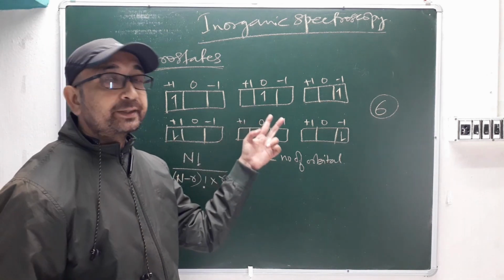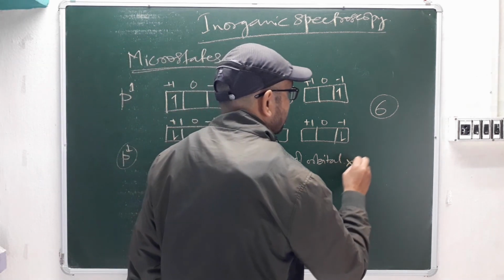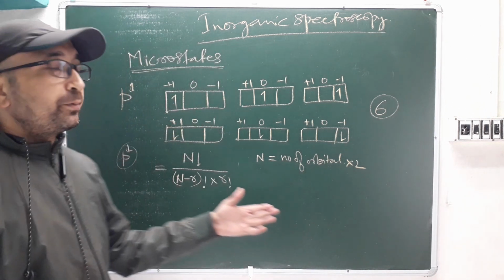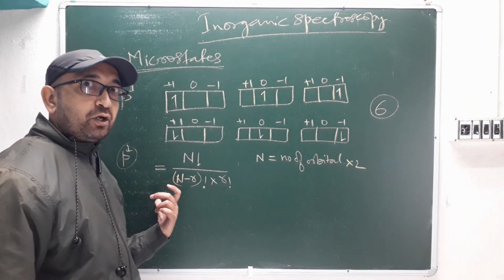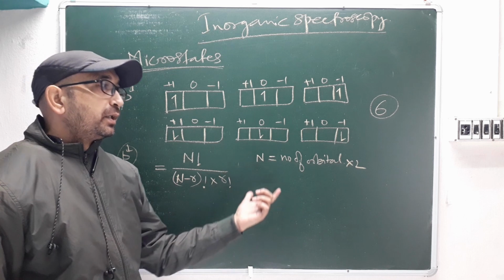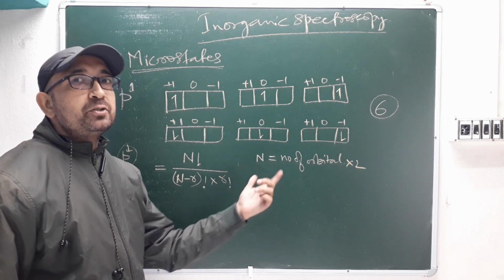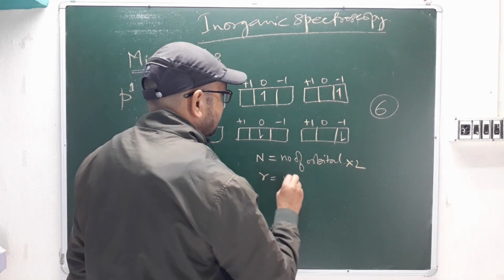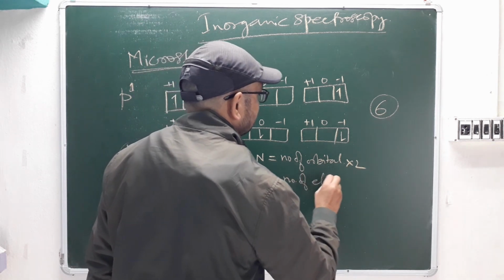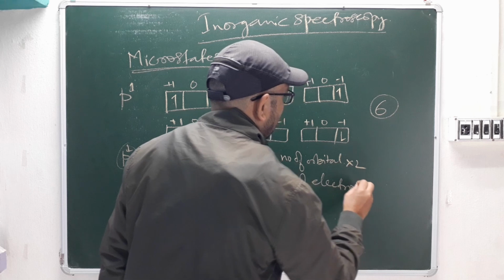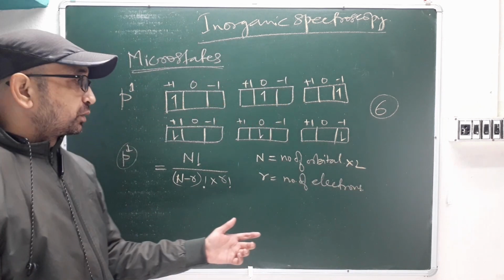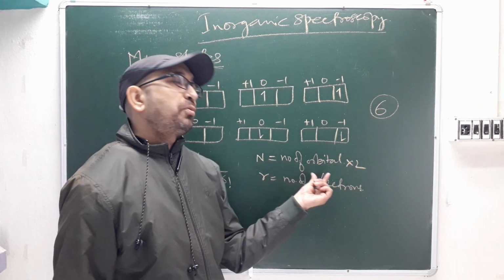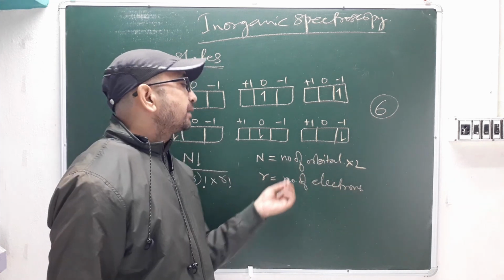How many orbitals are there in p? 3. So number of orbitals into 2, so 3 into 2. If you are talking about d, how many orbitals are there? Number of orbitals in d is 5 into 2, so total it will be 10, and then factorial. And what is r? R is the number of electrons. So capital N is number of orbitals into 2 and r is the number of electrons.